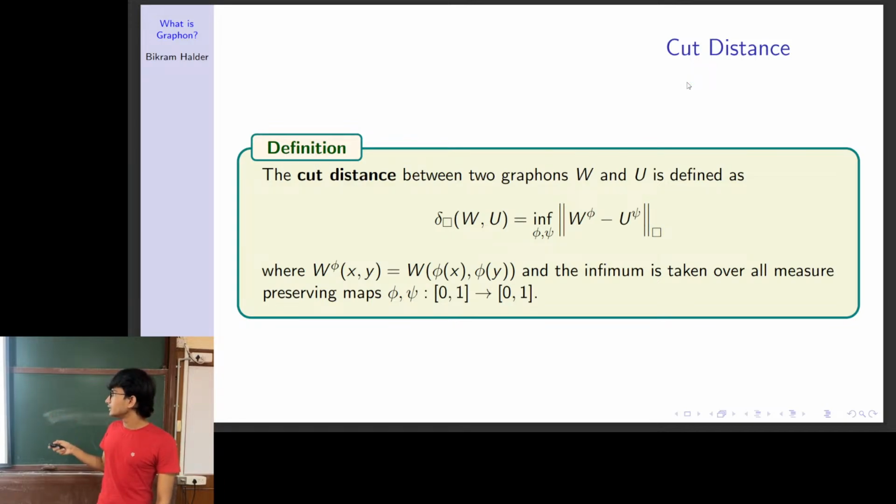Basically, we define the distance between two graphons W and U to be the infimum over all the possible W^phi and U^psi, where you can think of W^phi as W(phi(x), phi(y)). You can think of this as a relabeling of the graphon, in our graph sense. So while taking the infimum, you're taking the best possible one.